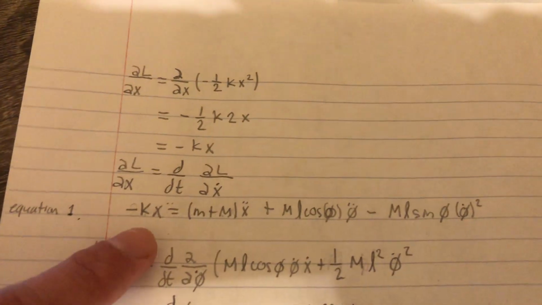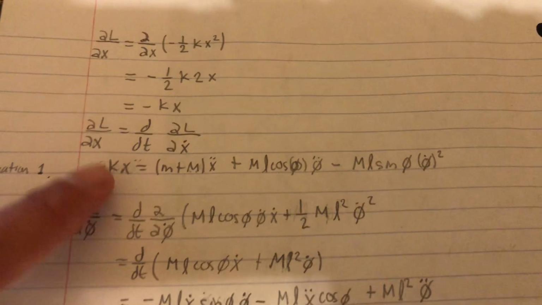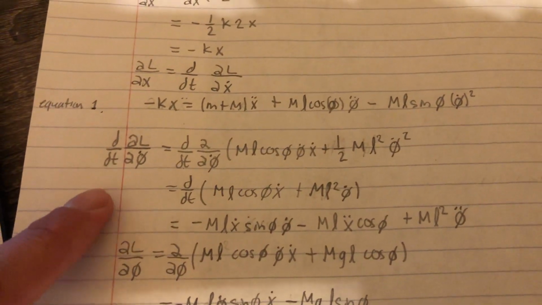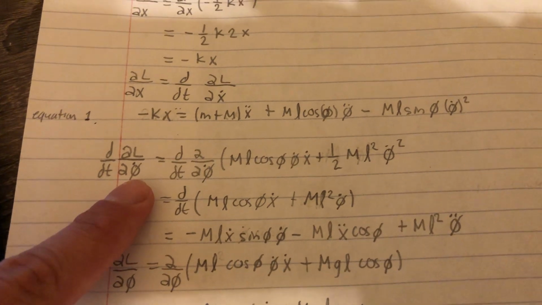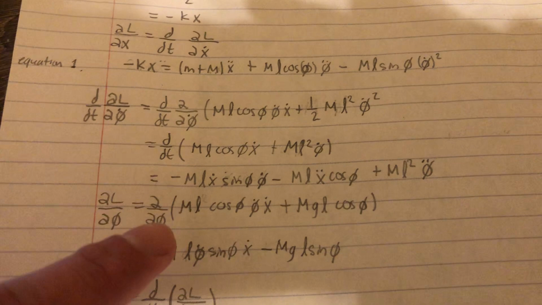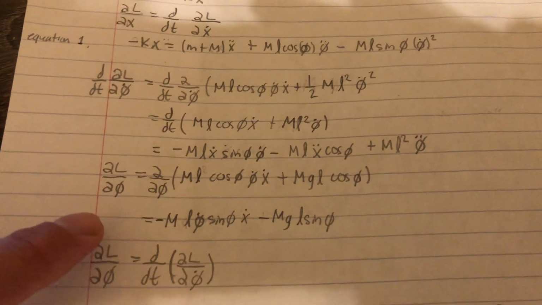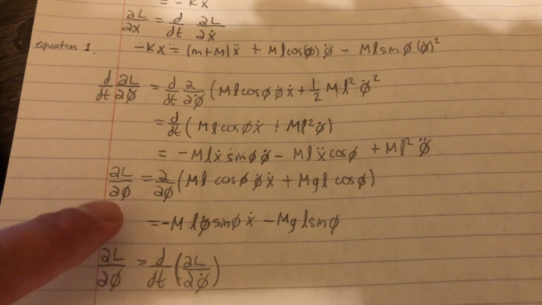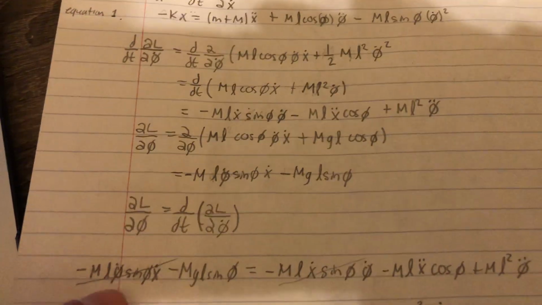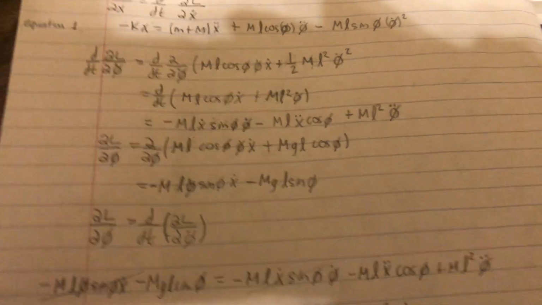So that's equation 1 with respect to x. Then I need to get the time derivative with respect to phi dot, and then I get an equation, and I have to next get the partial with respect to phi. I get another equation. I set those equations equal.